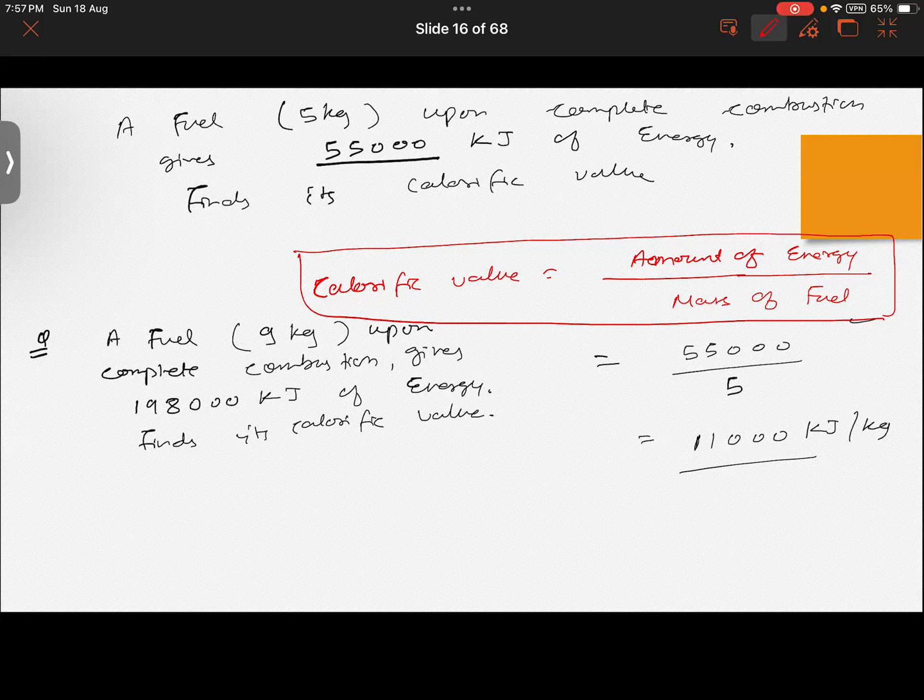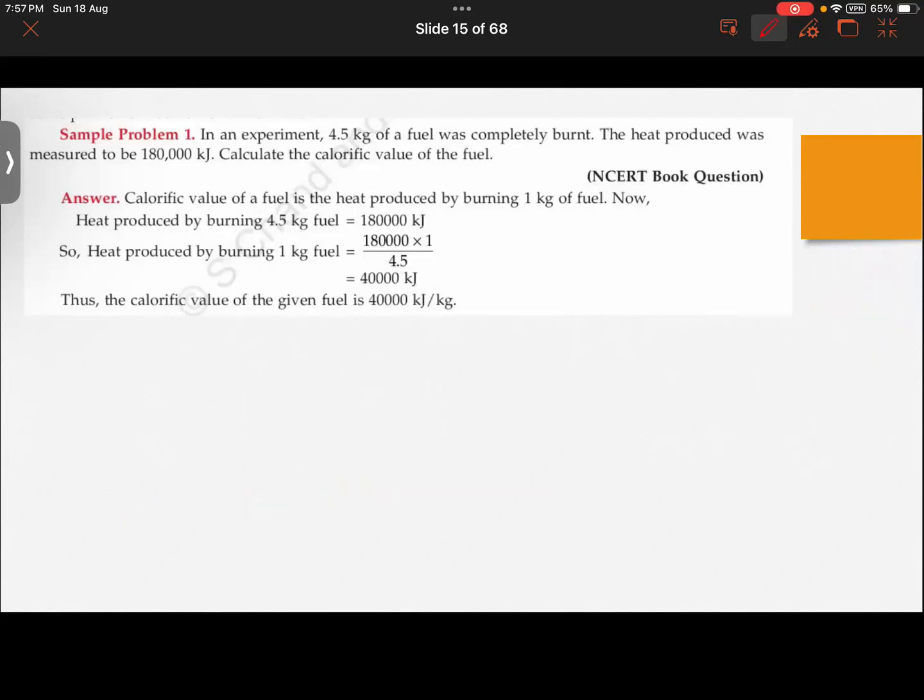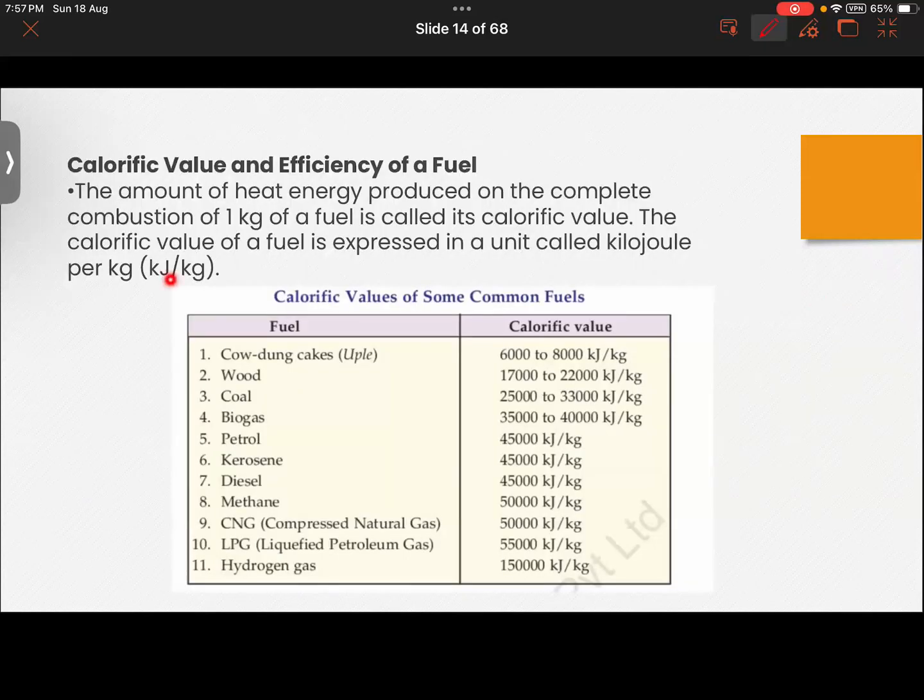Sir, it is 22,000. Okay, what is the unit? 22,000 kilojoule per kilogram, no? Per kilogram. Okay, because kilojoule per kilogram is the unit in which calorific value is expressed. So hope that concept is clear.